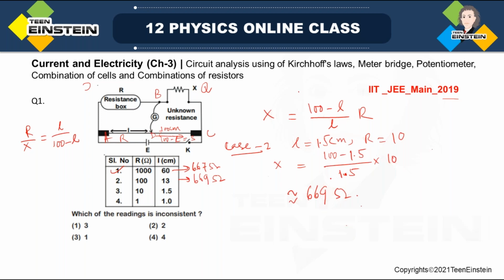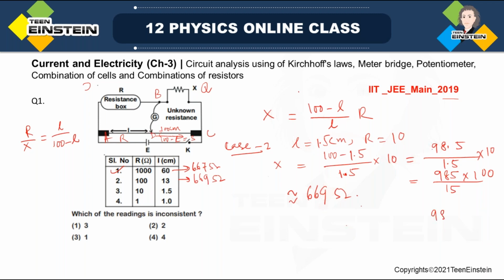We get 98.5 divided by 1.5 into 10. What we can do is we can actually multiply by 100 divided by 15.